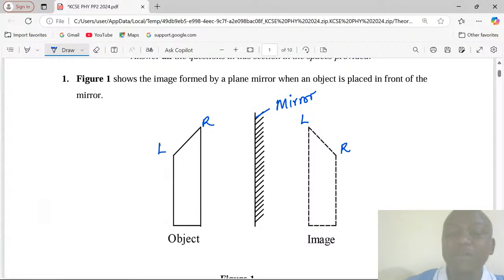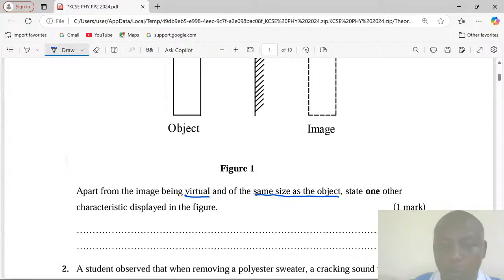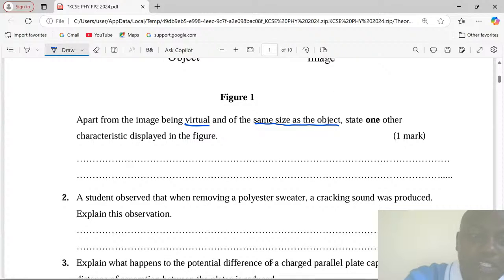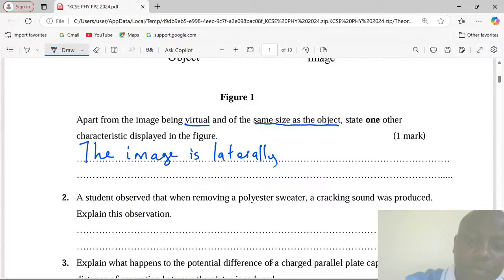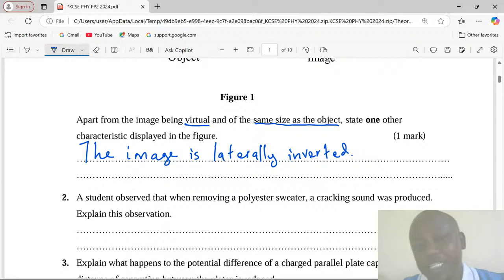Therefore, the image is laterally inverted. That is one property: the image is laterally inverted. There might be other properties.